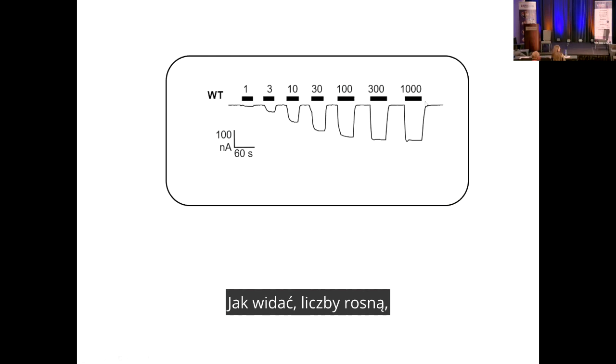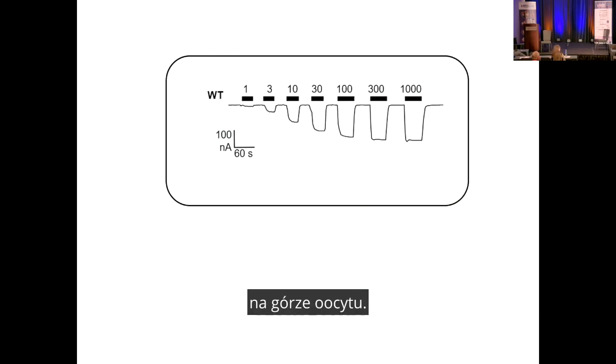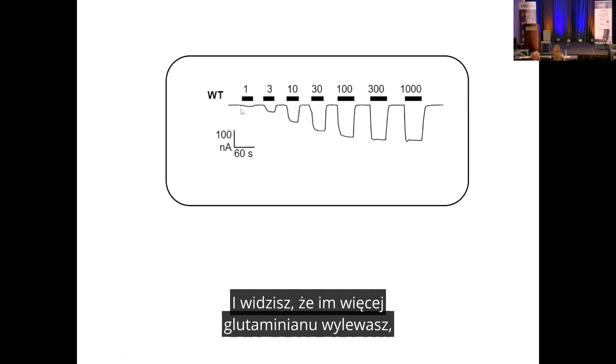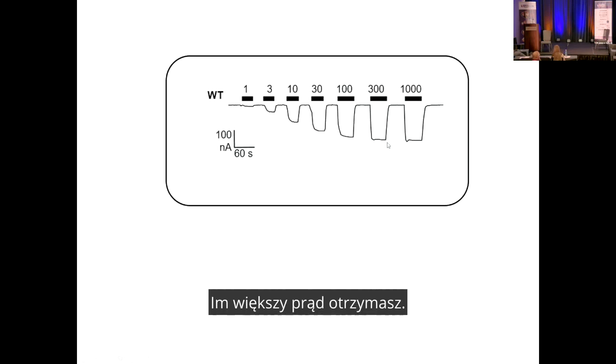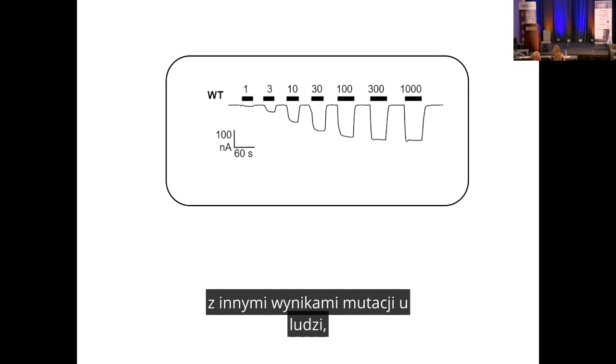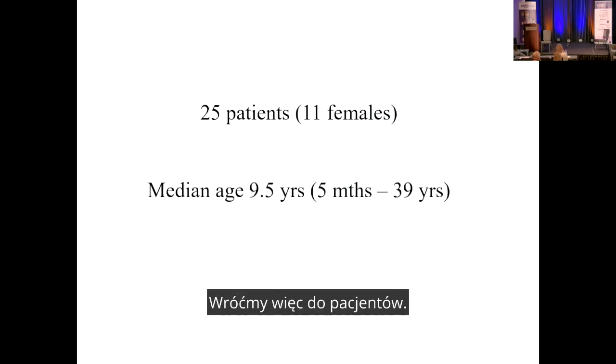As you see, the numbers are increasing, meaning you're pouring more and more glutamate on top of the oocyte. As you remember, glutamate activates the receptor and opens it, and the more glutamate you pour, the bigger current you get. So this is the control, and we compare it with results from the human mutations, and I'll show you this later. So let's get back to the patients.